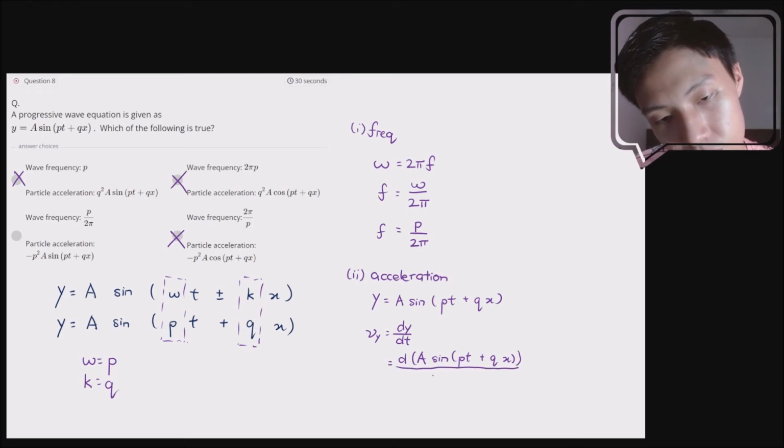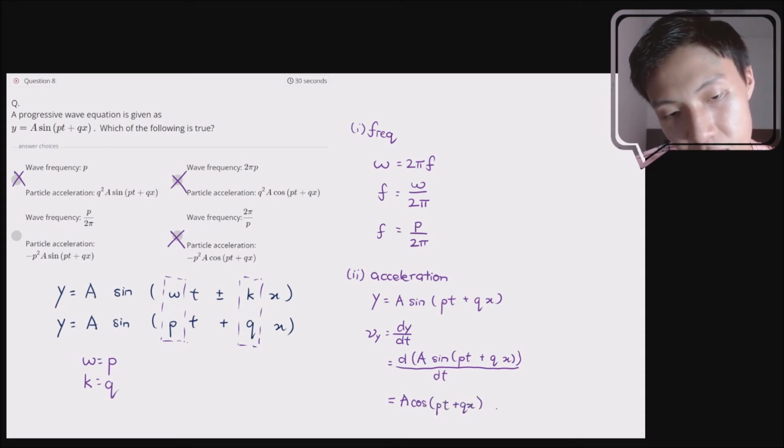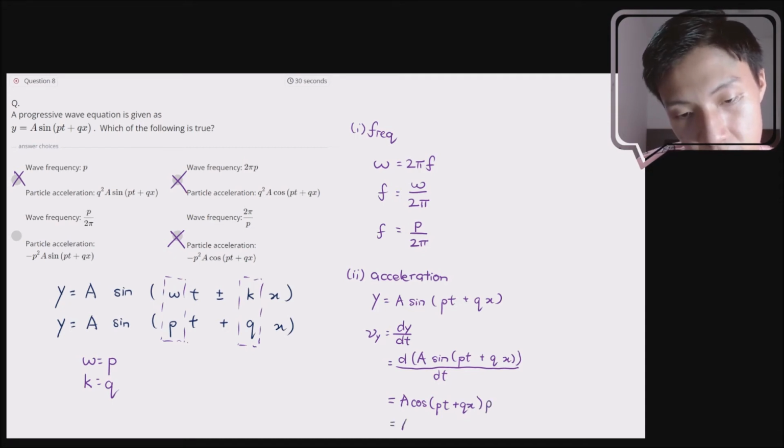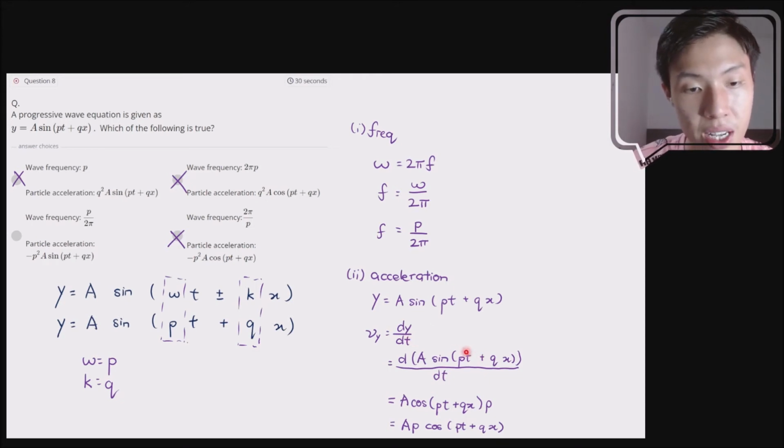Bring out the amplitude because it's a constant. Differentiate sine, you get cos. Write out everything inside. Then differentiate what's inside the bracket against time, and you get p. You treat qx as a constant, so differentiating it gives 0 because there's no time in it. Time is in pt, so when you differentiate, you get p.